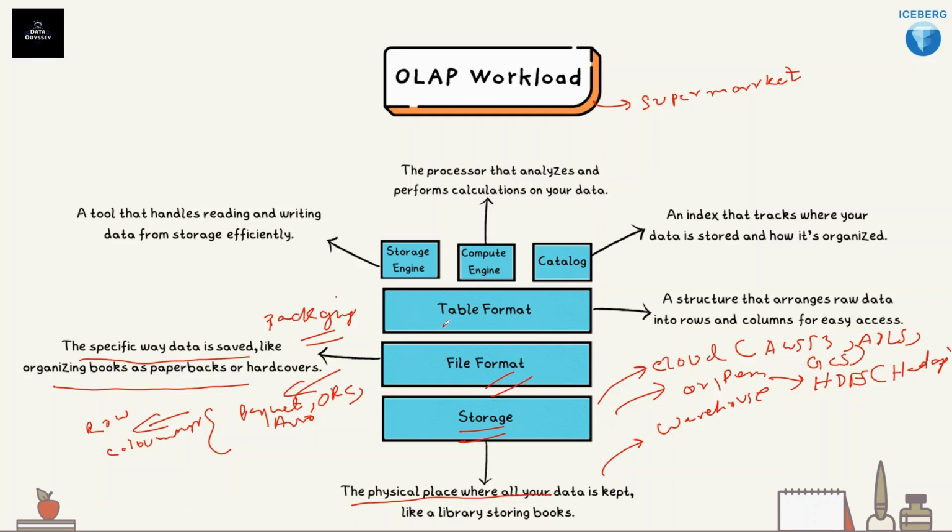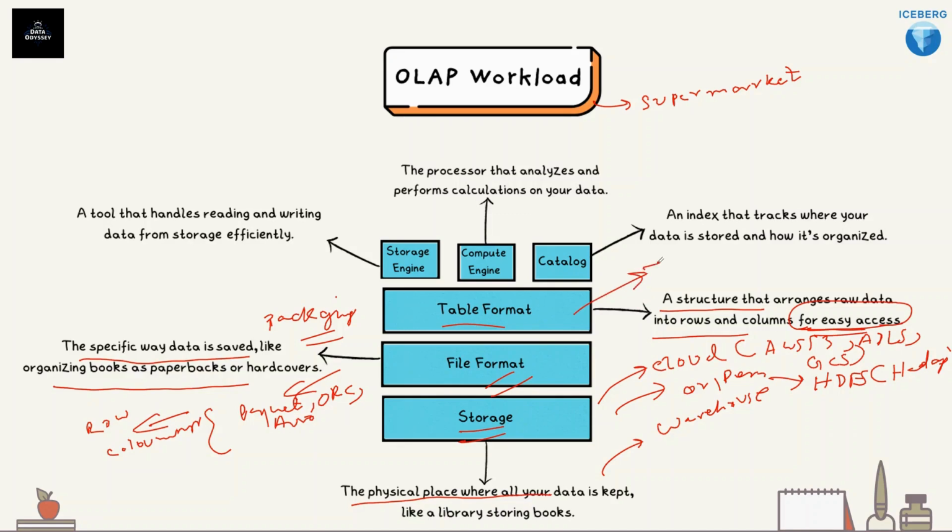After file format comes the table format. Okay. Now, what is a table format? It's a structure that arranges raw data into rows and columns for easier access. Just look at the words, easy access. Let us understand this table format with an analogy to a supermarket, right?